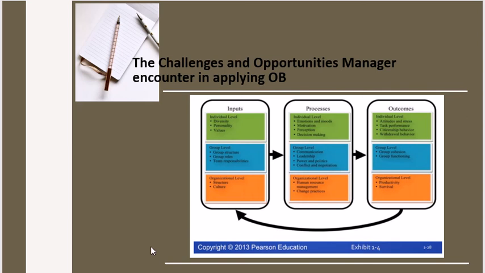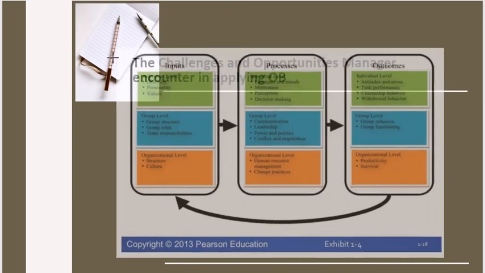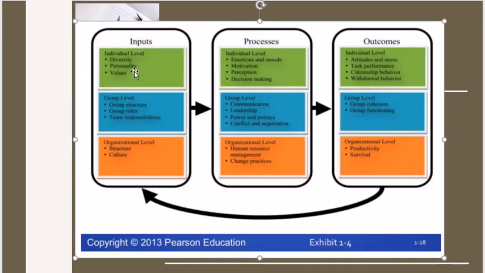For example, we have the individual, the group, and the organizational level. So, for the inputs at the individual level, we have diversity, personality, and values. For the group, we have group structure, group roles, and team responsibilities. For the organizational level, we have structure and culture.